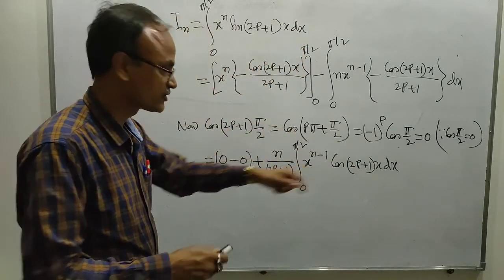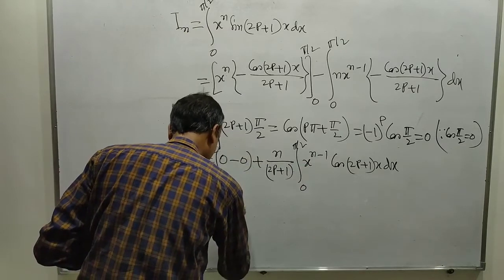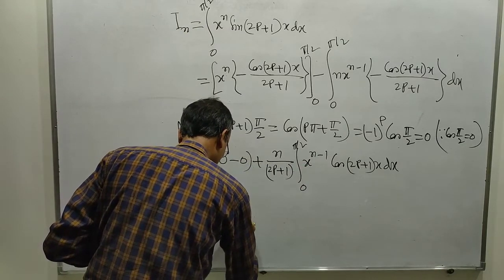Integrating again by parts, this is equal to n divided by twice p plus 1.